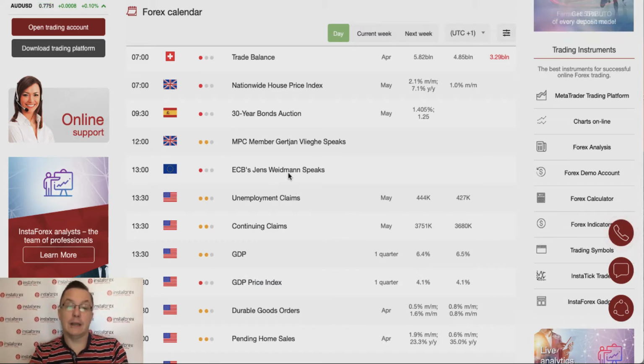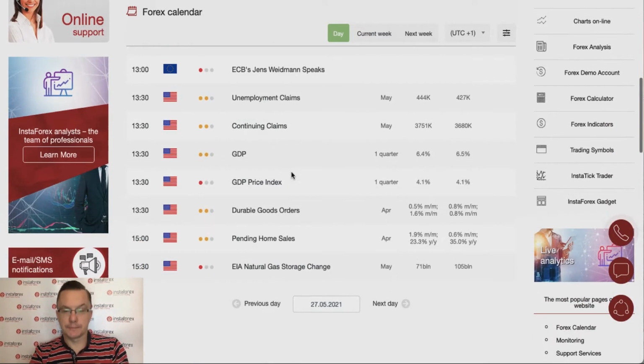At 1 o'clock, European Central Bank's Weidmann will give a speech as well. A little bit later, during the New York session, we have unemployment claims, continuing claims, GDP and GDP price index, durable goods orders scheduled for release at 1:30, then at 3 o'clock pending home sales, and at 3:30 natural gas storage change.